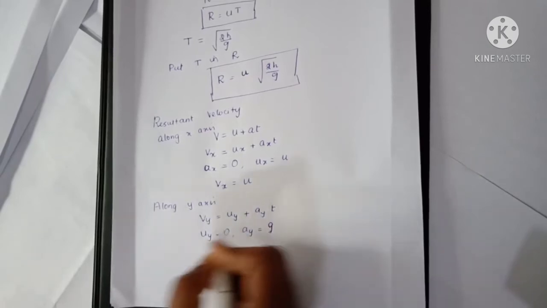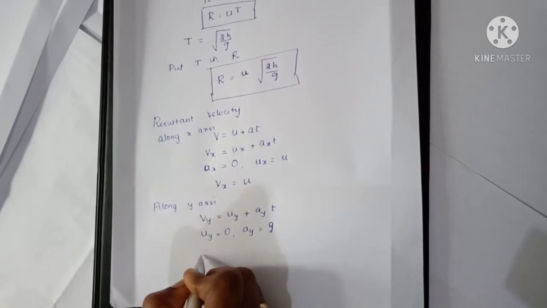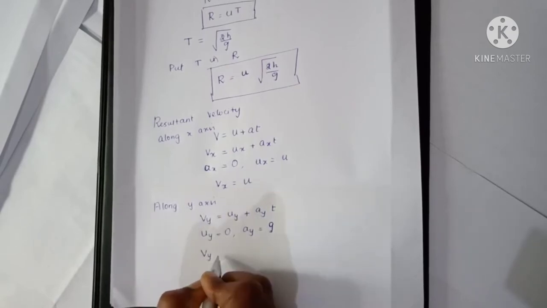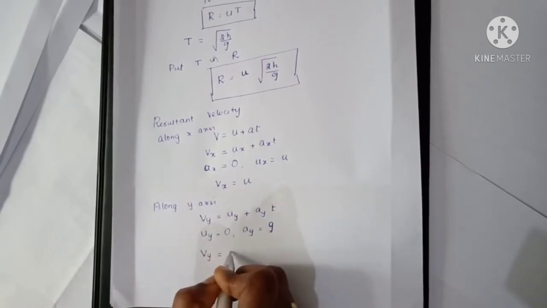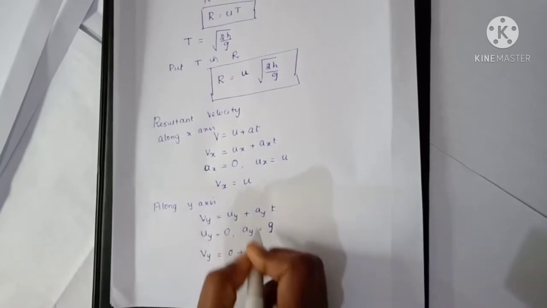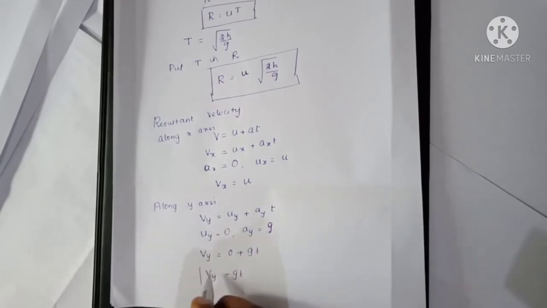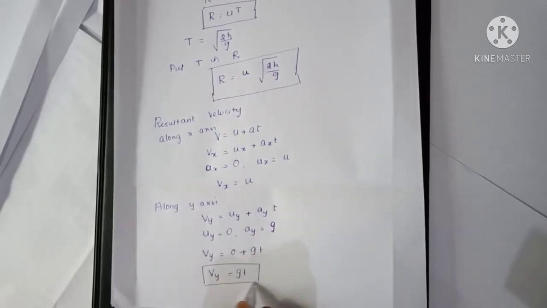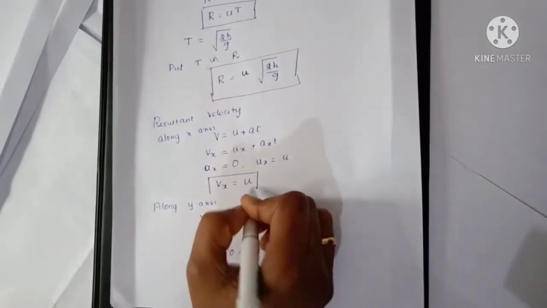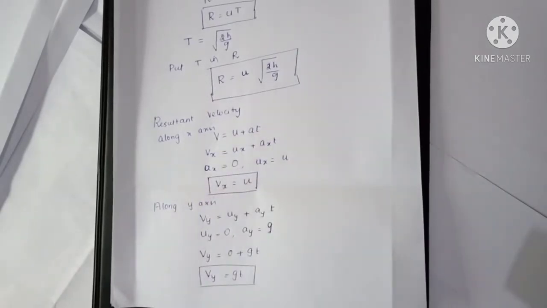Put these values in this equation, we will get vy is equal to 0 plus gt. So vy is equal to gt. This is the velocity along the y axis, and this is the velocity along the x axis.